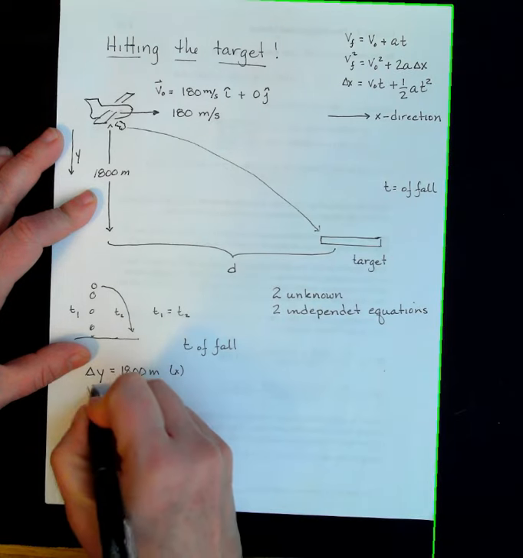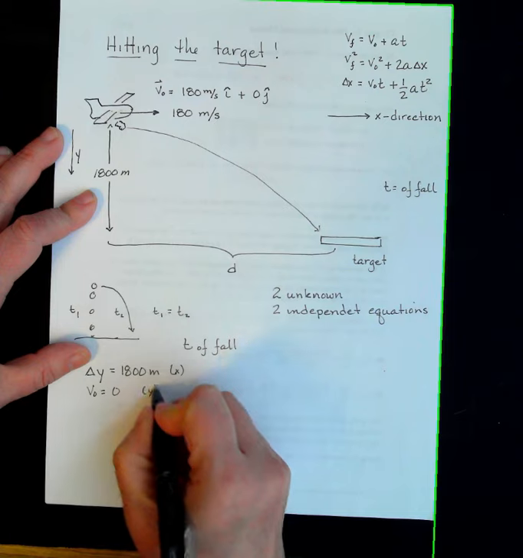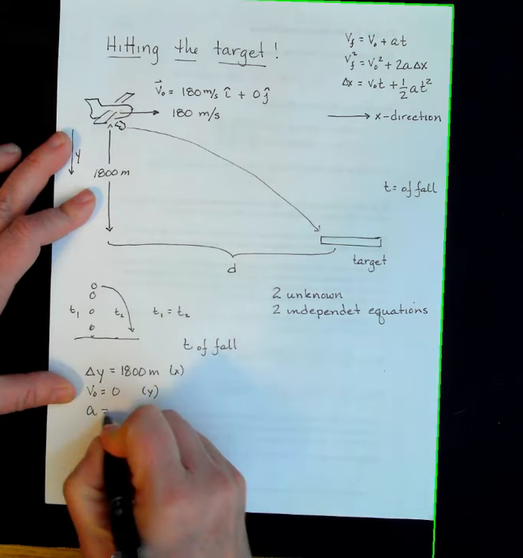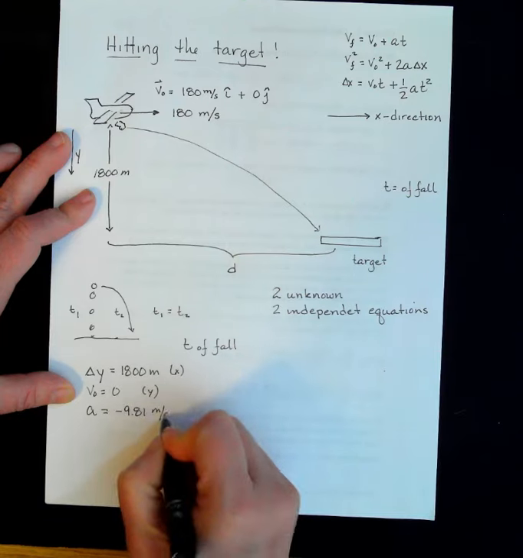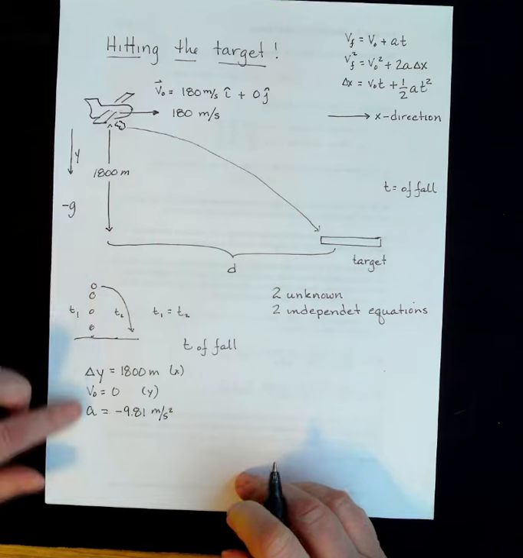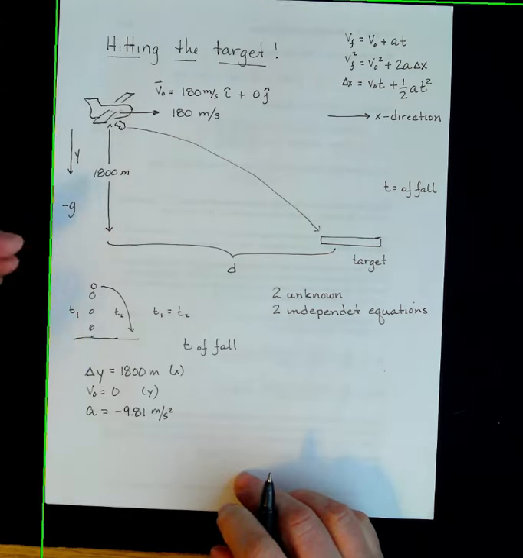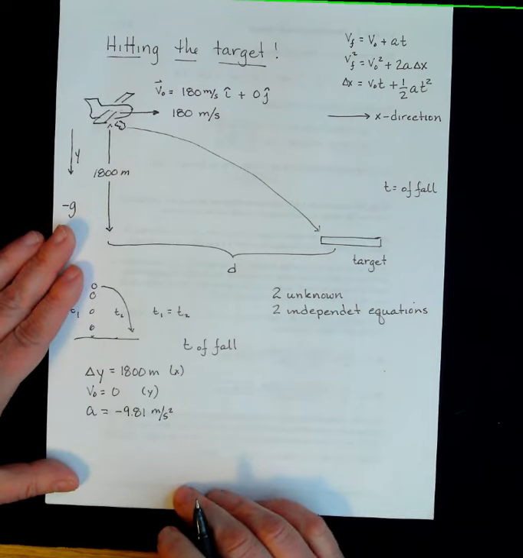I also have my initial velocity is equal to 0, and this happens to be in the y direction. I know what acceleration is. It's a negative 9.81 meters per second squared. So I have acceleration, I have initial velocity, I have my change in position. What I don't have is time, nor do I have the final velocity.